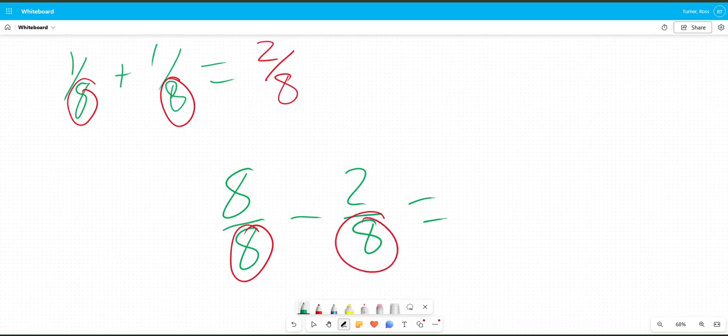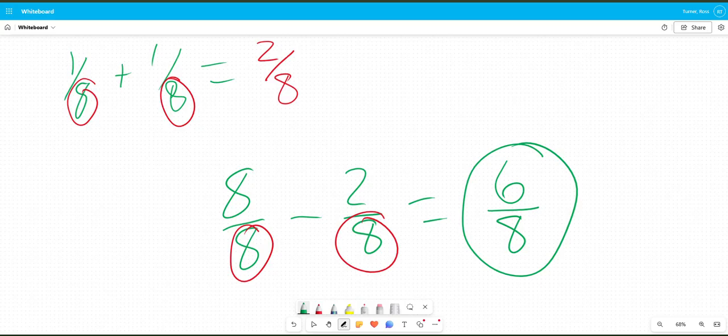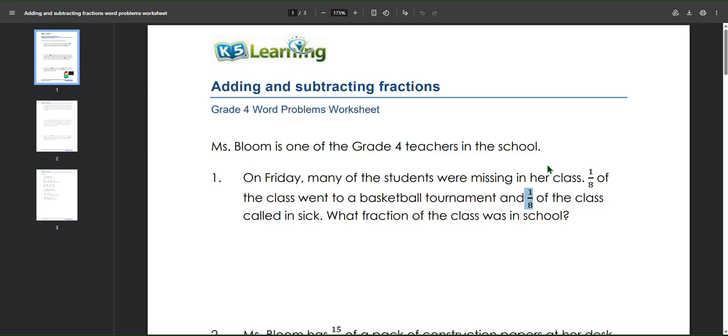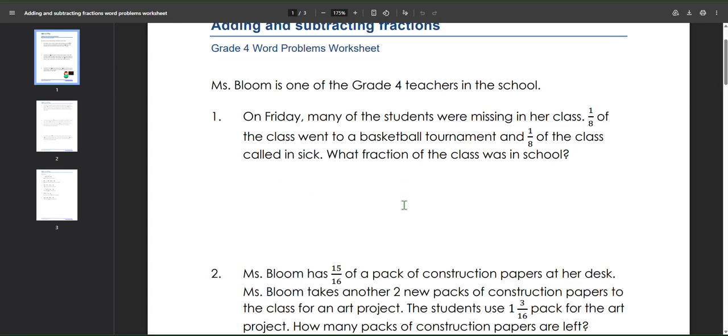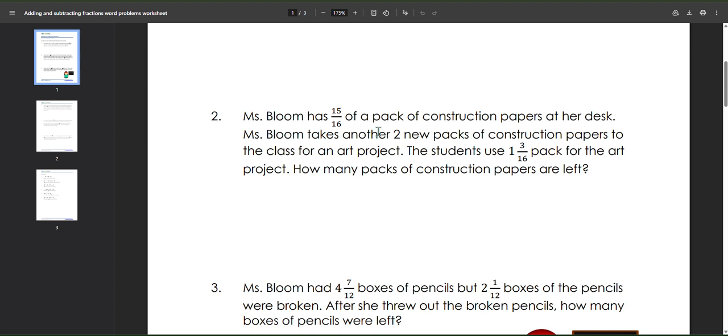Just making sure. 8 minus 2 is 6, and then we keep the denominator. So how many were still in school? It was 6/8 still in school. Let's go on to another problem. We know that fraction of the class was in school. So let's go to number 2.